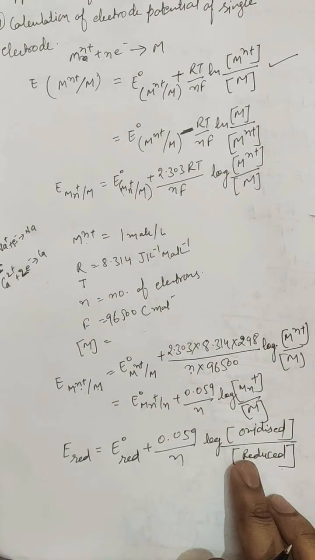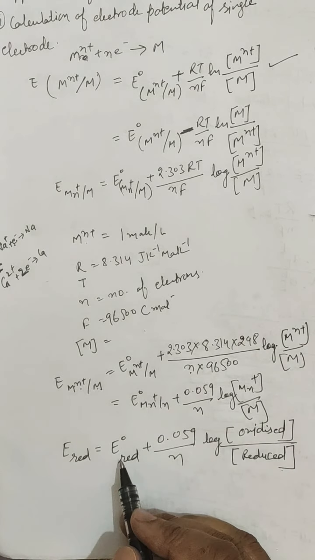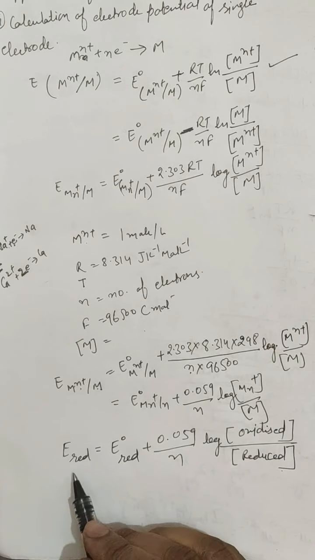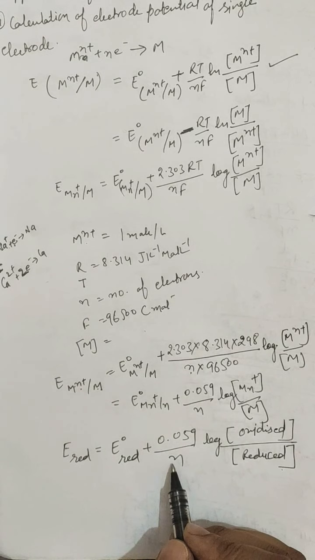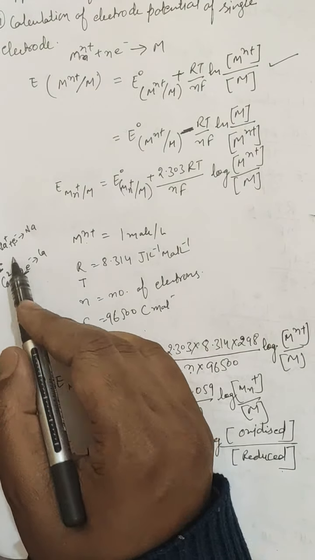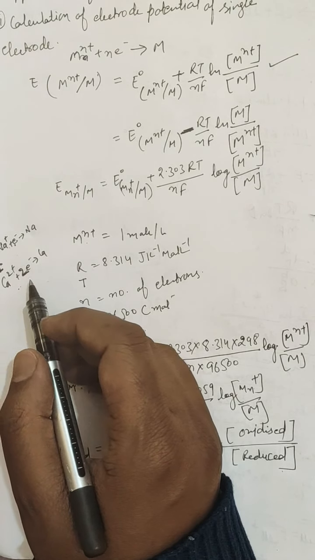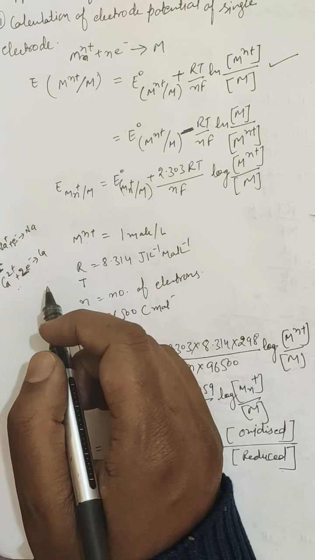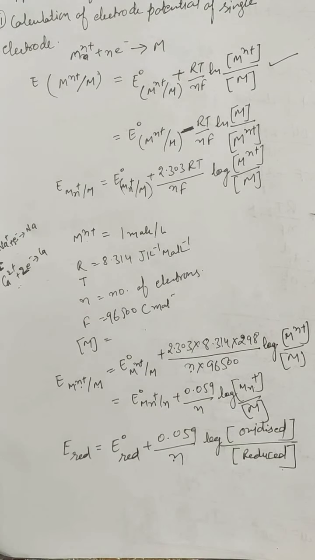If you have been provided with the concentration or the standard reduction potential of the electrode or any of these values, you can derive the other related values, as I told you yesterday also. The value of n can be written from the particular chemical reaction, based on how many electrons are undergoing change. So this is the method to calculate the electrode potential of a single electrode.